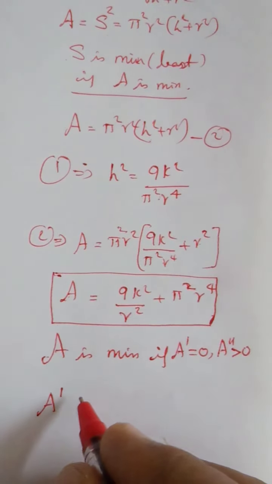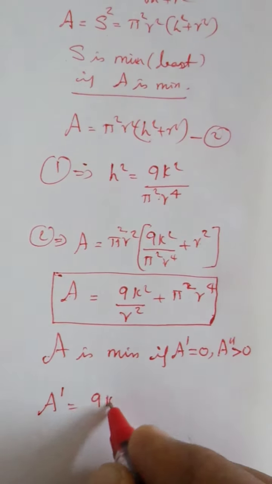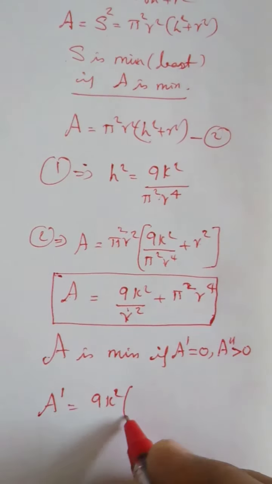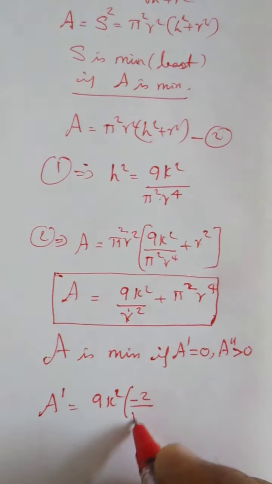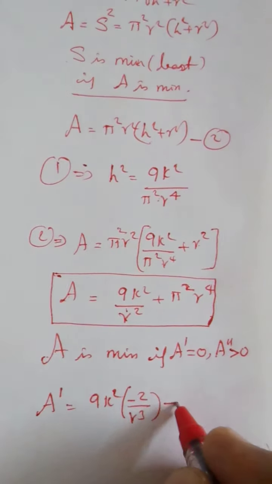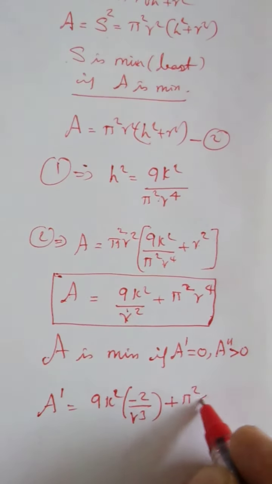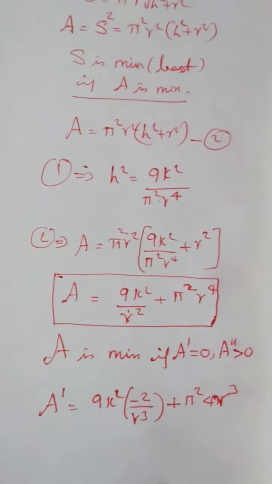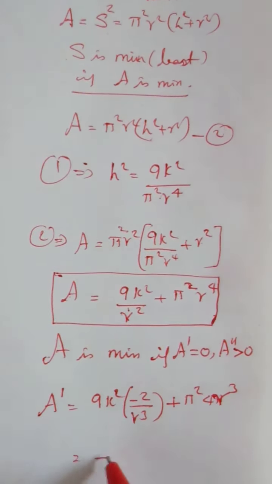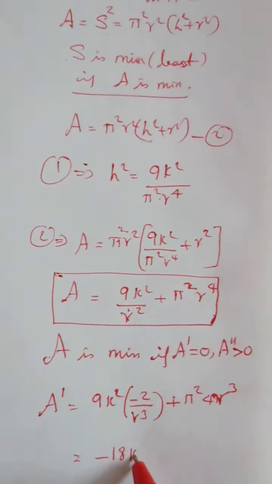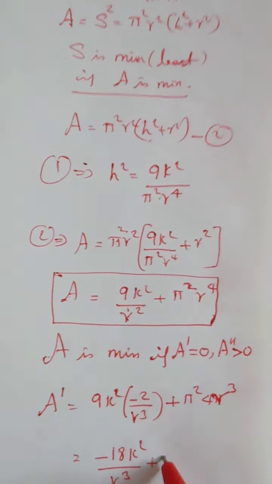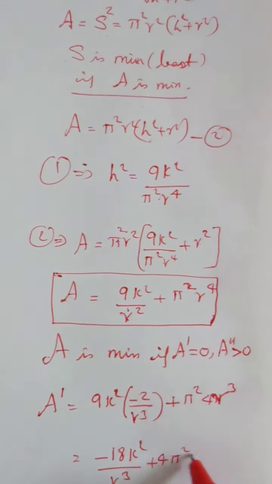R is a variable here. It is 9k square, and when you differentiate 1 by r square, it is minus 2 by r cube. And this one is very easy to differentiate, 4r cube. Now this is minus 18 k square by r cube plus 4 pi square r cube.